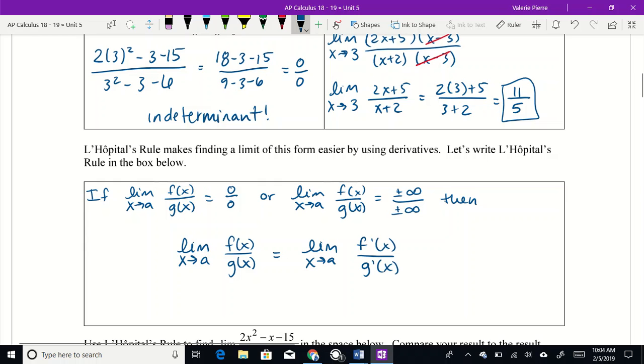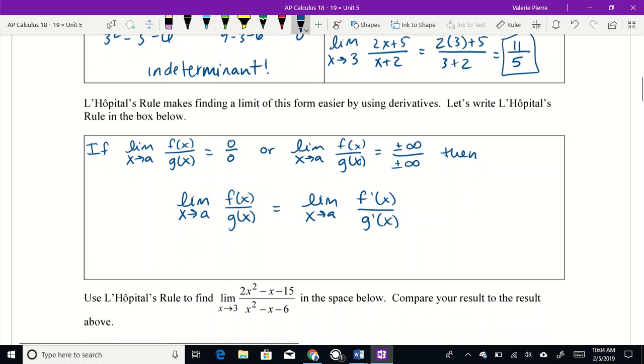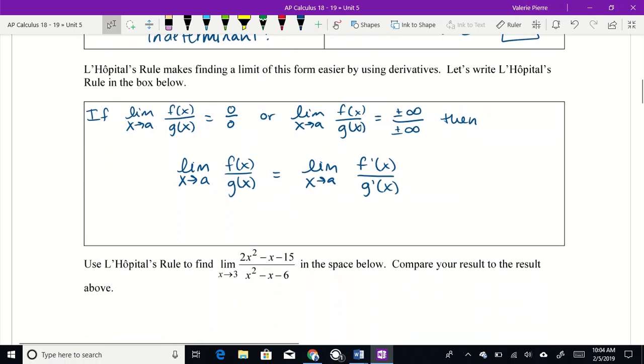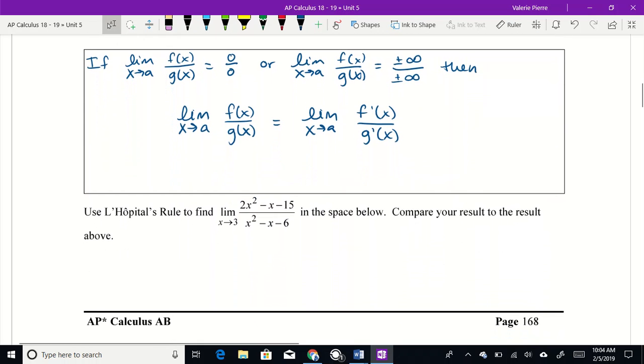All we have to do is take the derivative of the numerator, the derivative of the denominator, and determine the limit from that. So we're going to use L'Hopital's rule on this very function, where f of x is my numerator and g of x is my denominator. So f prime of x is equal to 4x minus 1, and g prime of x is equal to 2x minus 1.